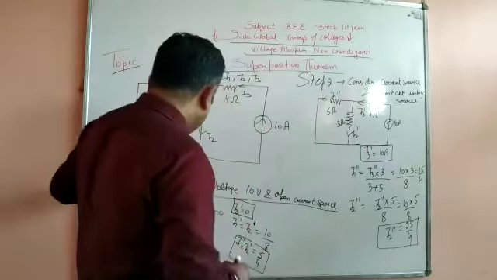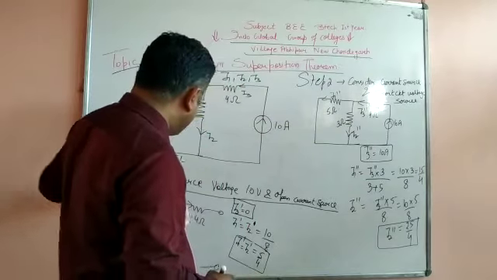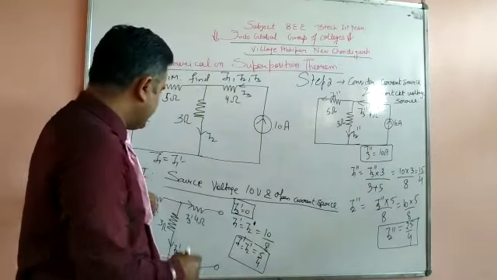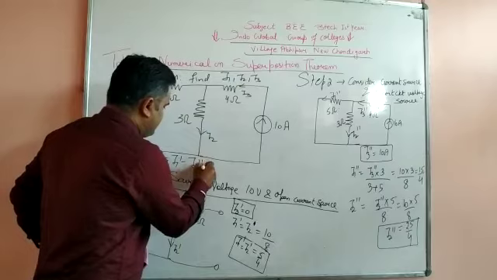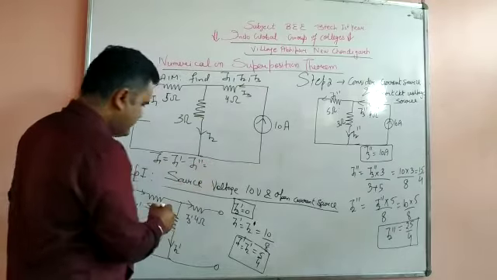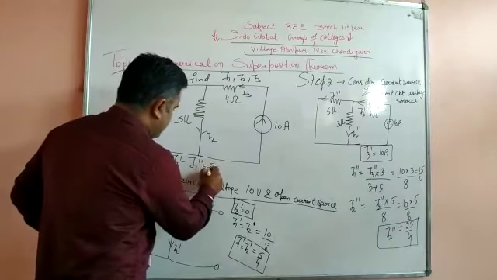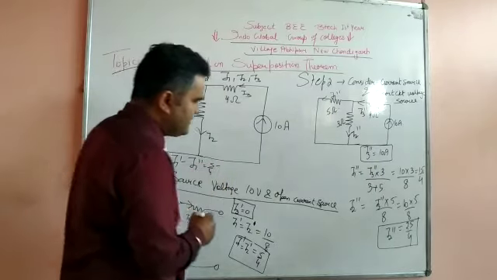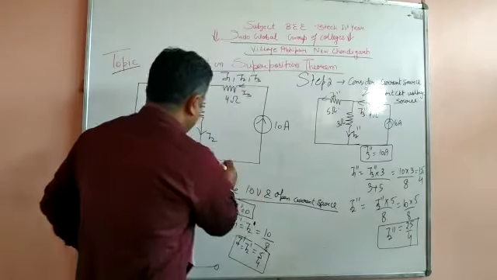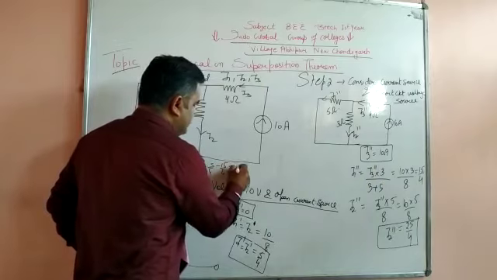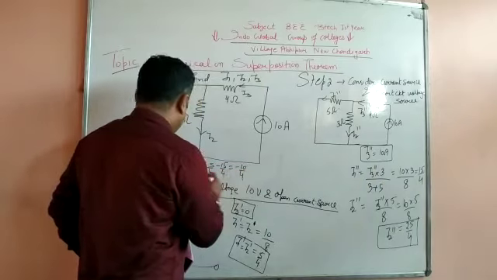Our reference direction is this, that's why we are subtracting I1 double dash. I1 is 5 by 4 minus 15 by 4. Answer is minus 10 by 4.